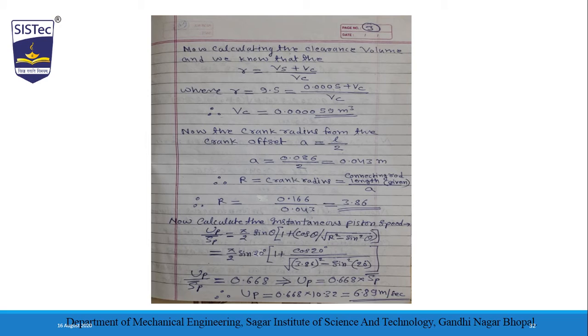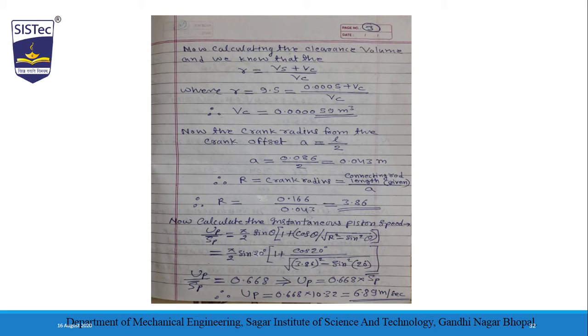Now for calculating the crank radius from the crank offset, the formula is a equal to stroke length divided by 2. So the stroke length is 0.086 divided by 2. So the crank offset is 0.043 meter. Again, R is given by the connecting rod length divided by the crank offset radius, which we have calculated earlier.